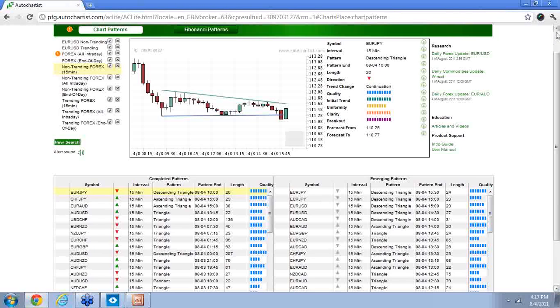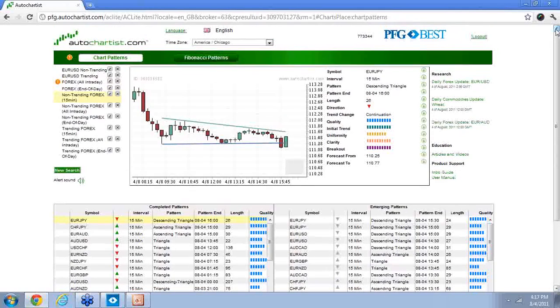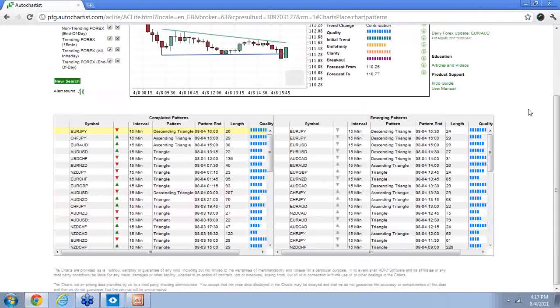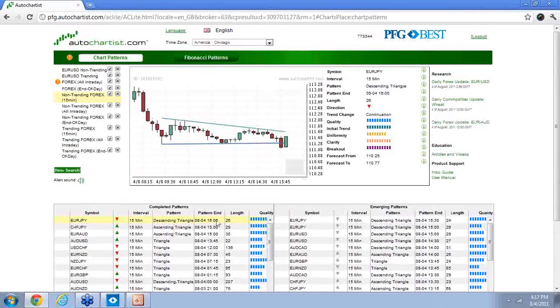Now, besides looking at that particular zone, you may want to look at other Euro Japanese yen patterns inside maybe higher time periods. These are types of strategies that you can do with Autochartist. You can go through and say, okay, I have a particular breakout on a 15-minute chart.